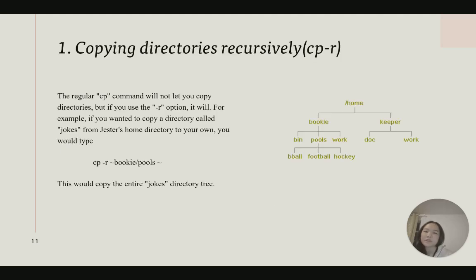One, copying directories recursively. The regular cp command will not let you copy a directory, but if you use the -r option, it will. For example, if you want to copy a directory called jobs from the desktop home directory to your own, you would type cp -r.